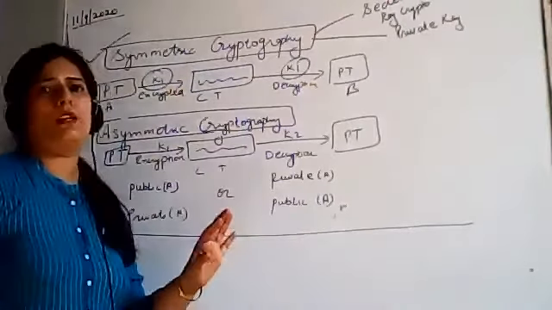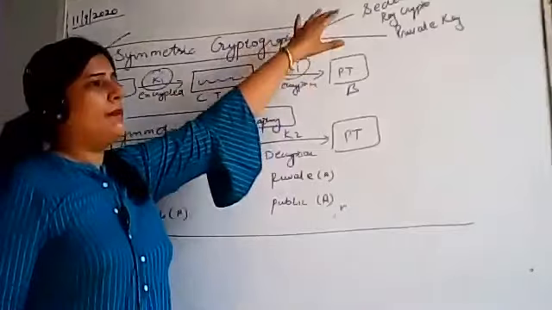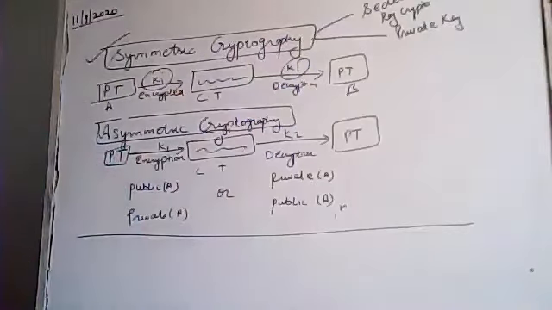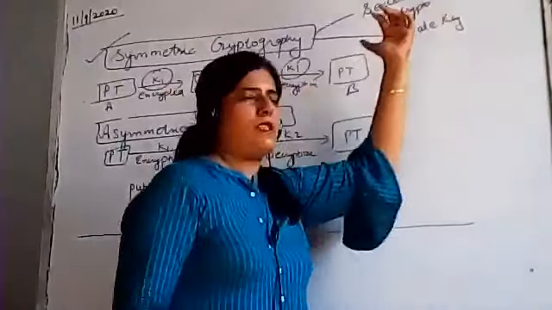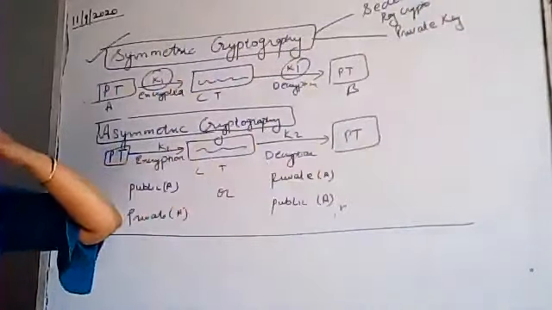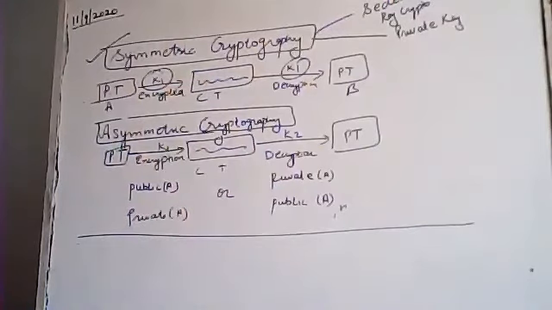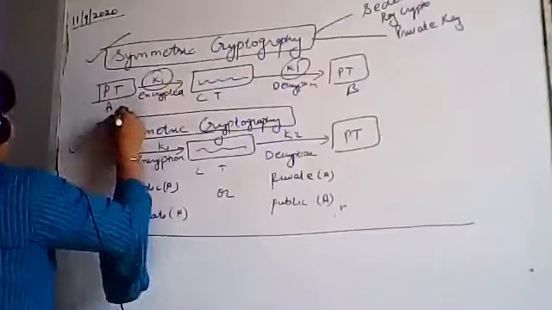So just remember why it is known as a secret key: we use only a single key, and that key is important to us. It is a secret key because we lock with that key and we can also unlock with that key. So that key is a secret key, or private key. That's why this type is known as private key and secret key cryptography. Clear? Next type is asymmetric cryptography.